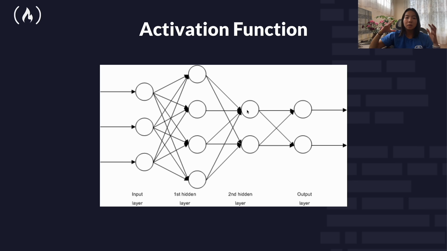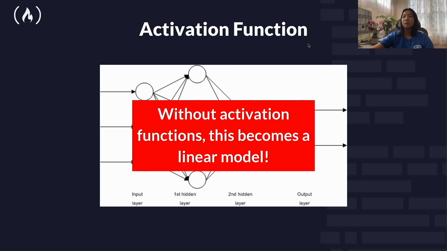And then if we were to go back and factor that all out, then this entire neural net is just a linear combination of these input layers. Which, I don't know about you, but that just seems kind of useless, right? Because we could literally just write that out in a formula. Why would we need to set up this entire neural network? We wouldn't. So the activation function is introduced, right? So without an activation function, this just becomes a linear model.